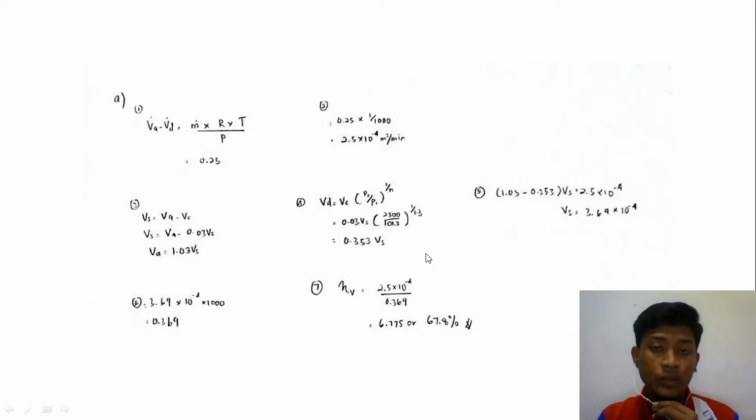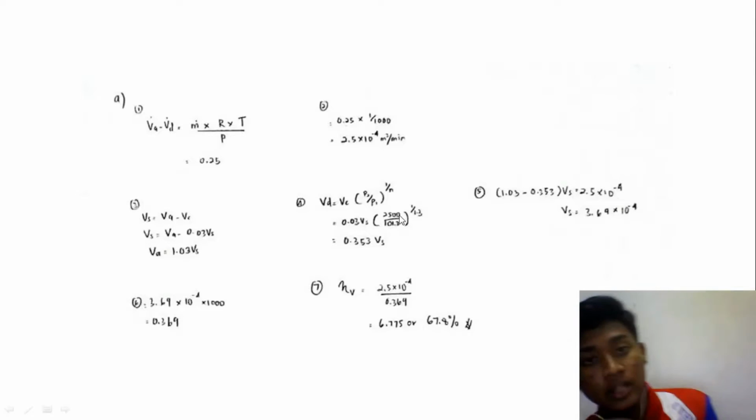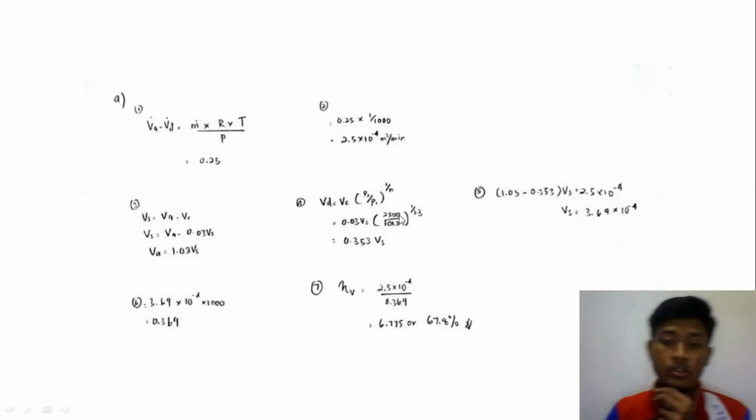Then for the next step we have to find VD. For VD, the formula is VC times P2 over P1 to the power of 1 over n. As I said just now, the value of VC is 0.03 VS. The value of P2 over P1 is 2500 over 101.3, to the power of 1 over n, and we know that the index is 1.3.